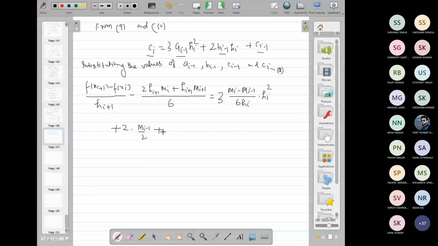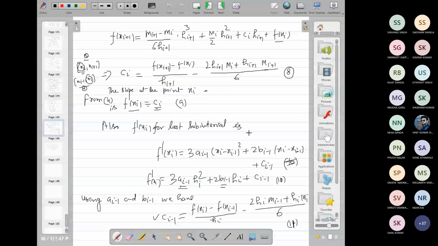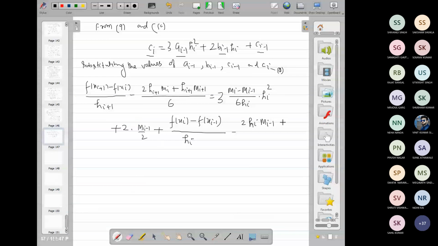This f xi minus f xi minus 1 upon hi and minus 2hi mi minus 1 plus hi mi divided by 6.